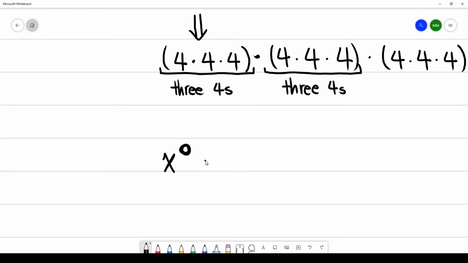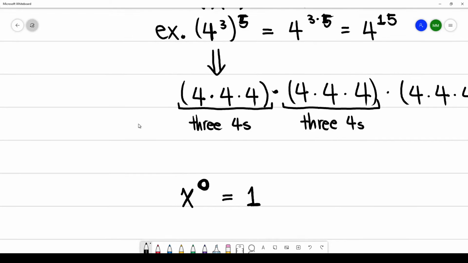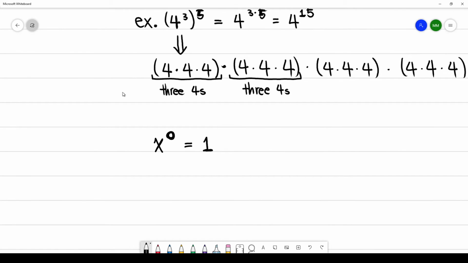X to the 0 is not 0, it is equal to 1. So any number, 3 to the 0, 5 to the 0, 6 to the 0, 125 to the 0, is all equal to 1. That's the other key thing you want to recognize.